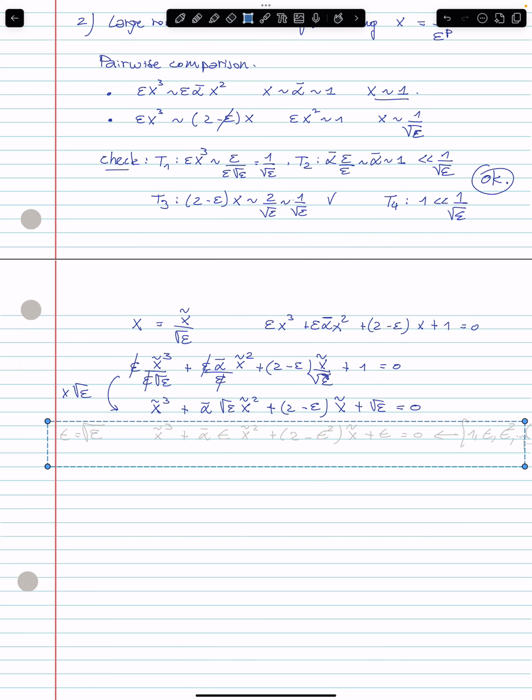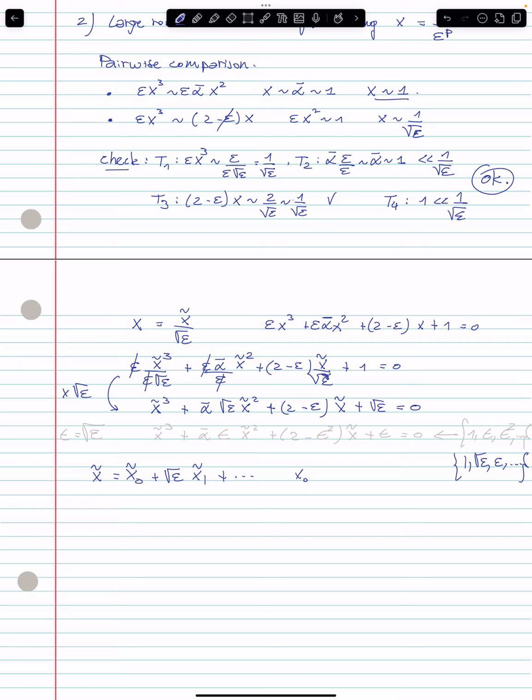I'm going to go right away. So observe that the sequence could be 1, square root of epsilon, epsilon itself, and so on and so on. So we are going to seek a solution that is x0 tilde plus square root epsilon times x1 tilde plus higher order terms.